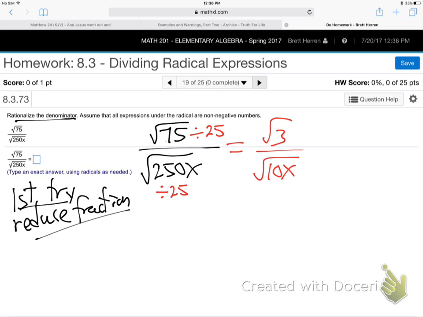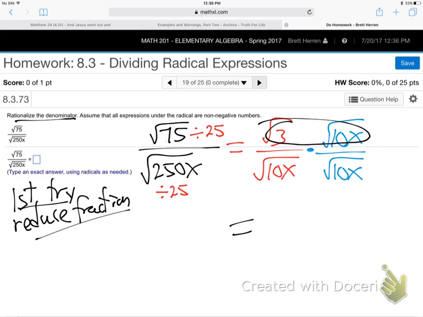Now, get rid of the root from the bottom. And how do we get rid of the root from the bottom? Multiply top and bottom by root 10x. Is that good? So what happens on the top?